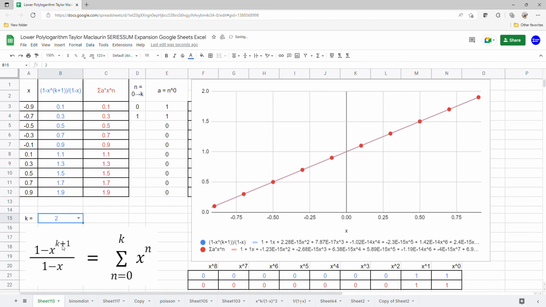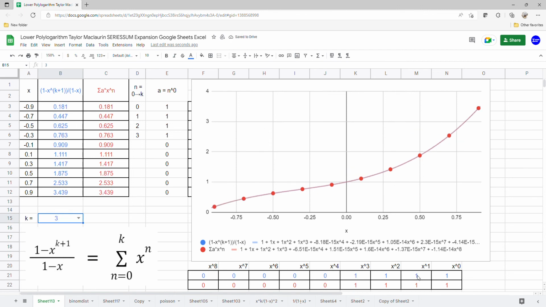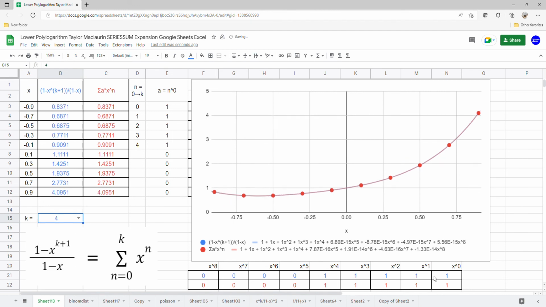K equals 2. So 1 plus x plus x squared. K equals 3. 1 plus x plus x squared plus x cubed. K equals 4. 1 plus x plus x squared plus x cubed plus x to the fourth. K equals 5, adding x to the fifth.